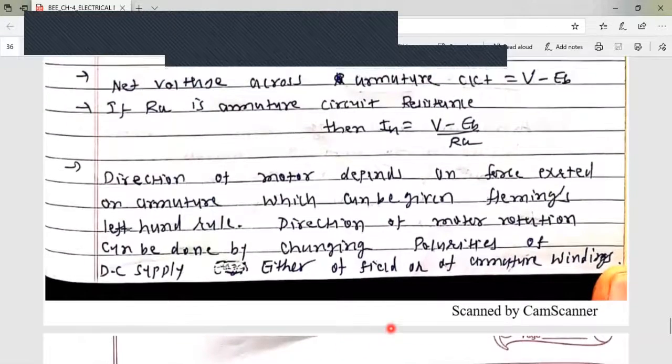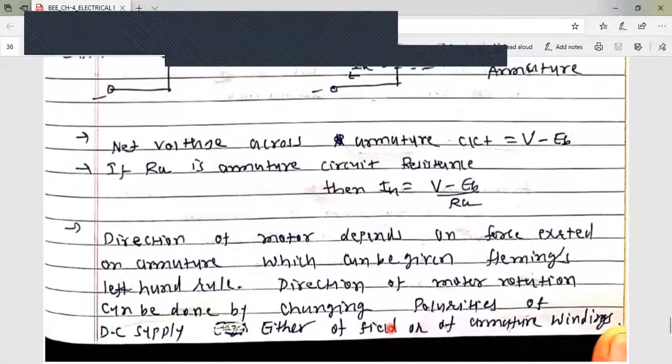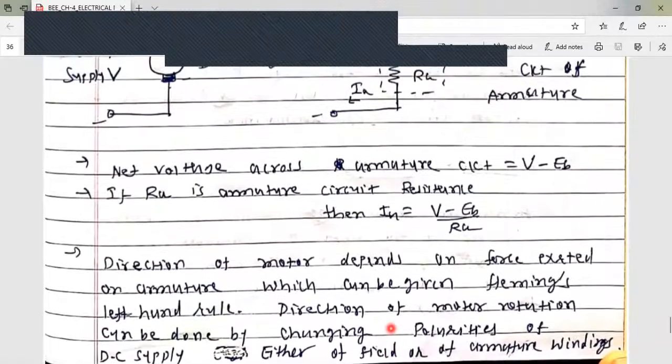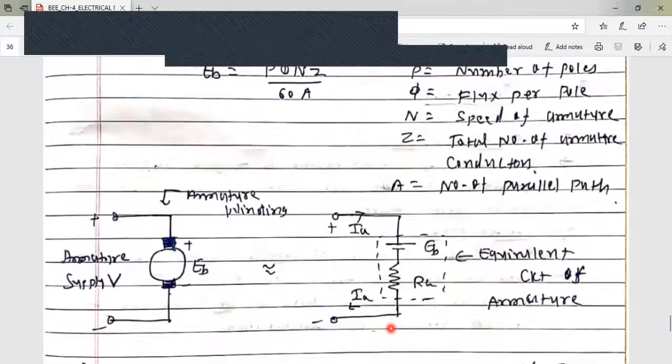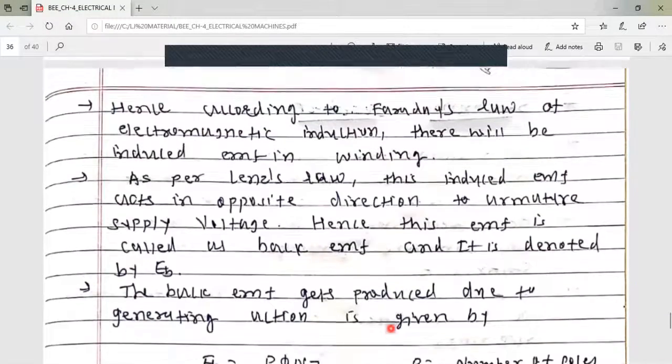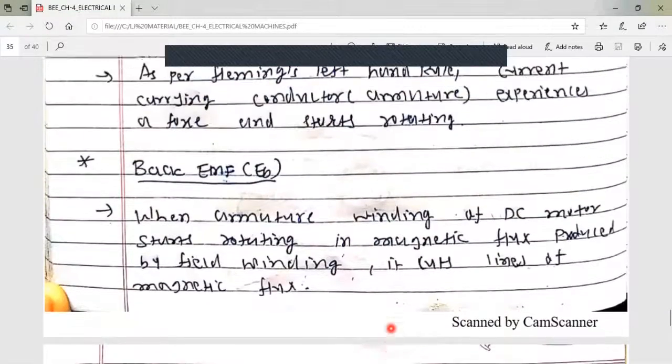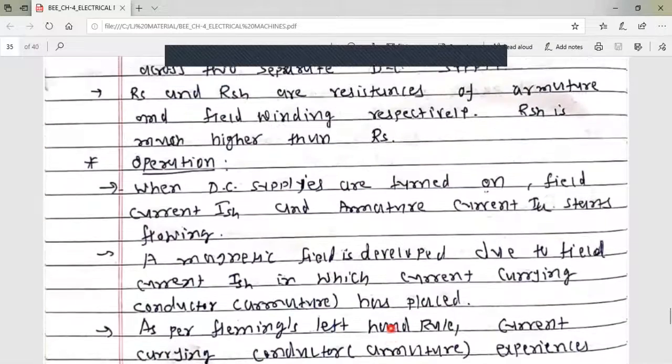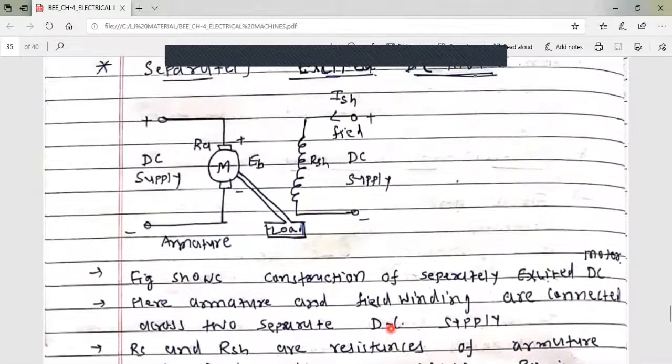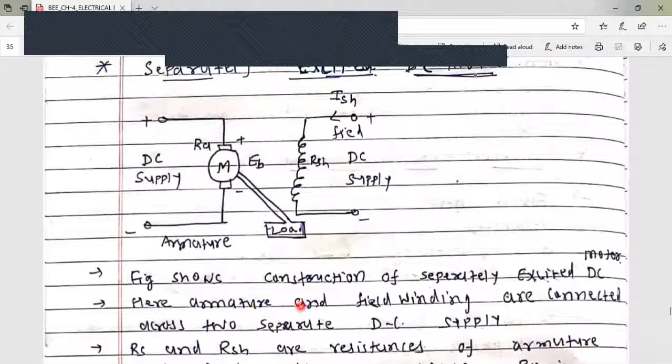This is all about the separately excited DC motor. See here in the figure, again I repeat the operation. In construction, we know that the armature winding and field winding are connected to the DC supply.